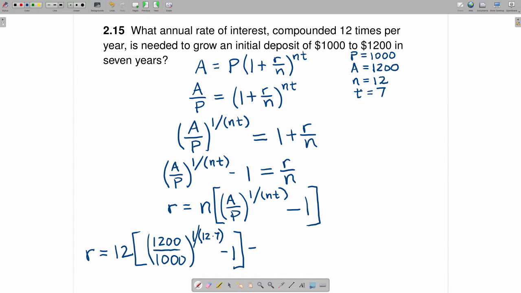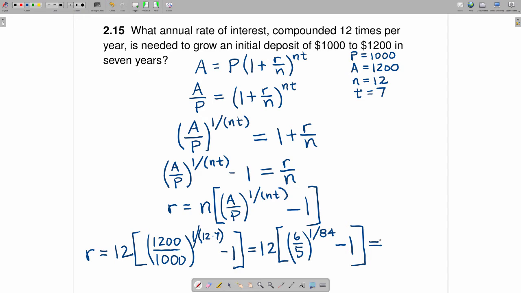Let's do some calculations here to make this easier. 12 is being multiplied. 1,200 divided by 1,000 is the same as 6/5. And that's being raised to the 1/84th power, since 12 times 7 is 84, minus 1, and that will give us the rate necessary to grow the money from $1,000 to $1,200 in 7 years.